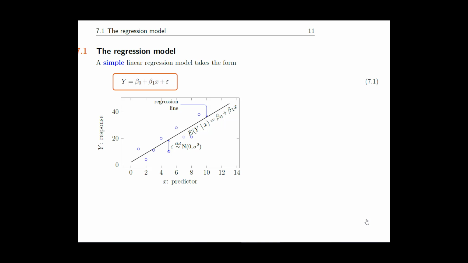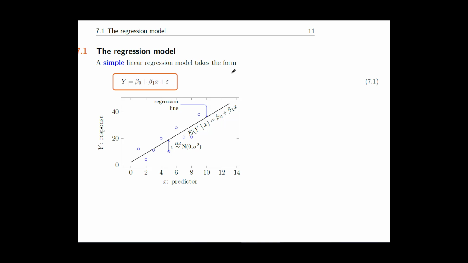So the variable y is the one that we would like to predict as a function of x, and we're calling the predictors. Y is the response variable. Okay, so we would like to have a model like 7.1, right?